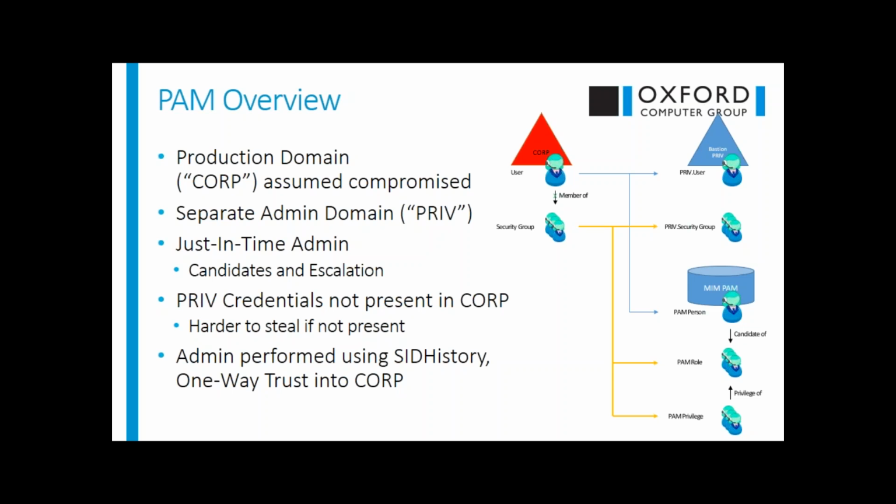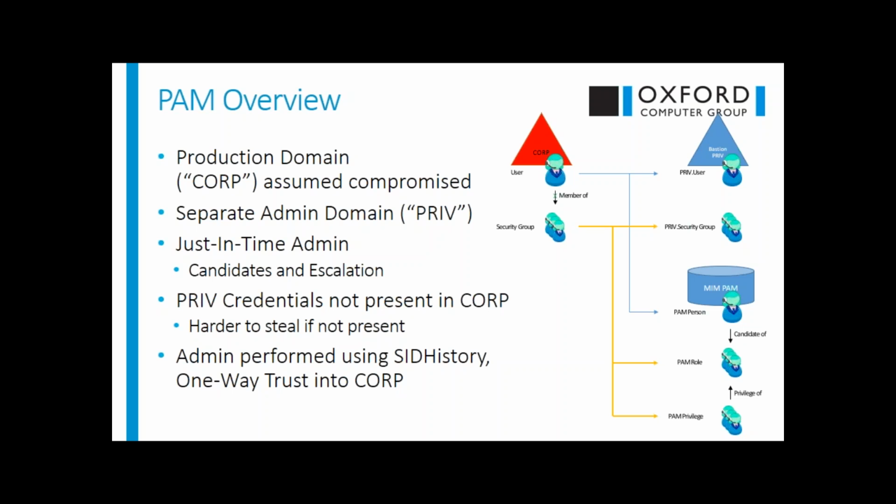So the idea of privileged access management in this construct is that we will implement a new, clean, separate, and hygienic domain, sometimes known as the bastion domain, often referred to as the priv or privileged domain.